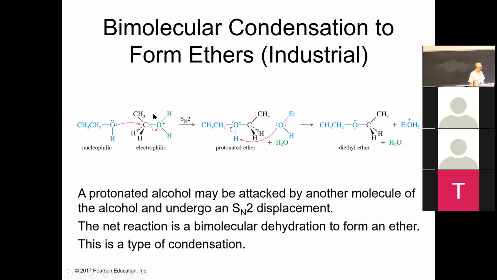When ethanol gets protonated, a non-protonated ethanol can attack, kick out water. Another ethanol comes along, removes this extra proton, and we get ethyl ether. Industrially, this is how ethyl ether is made. This is called a condensation because we split out water ultimately.